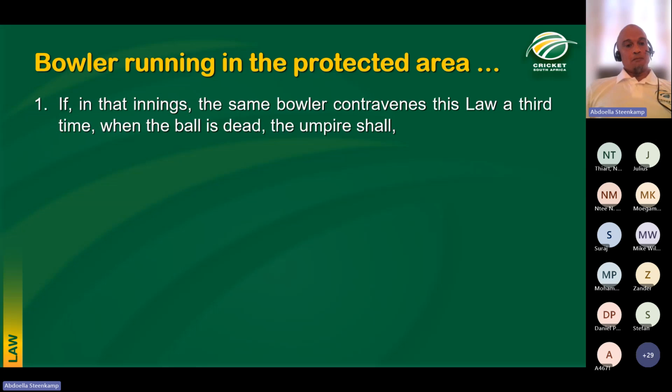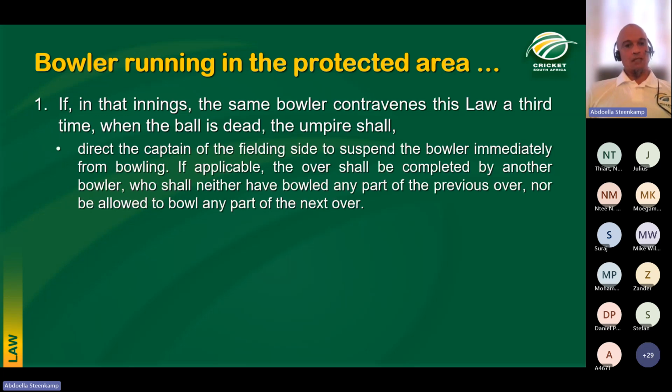So now further on, again in the same innings, and let's say in the first innings of this particular Test match, this bowler again goes into the protected area without reasonable cause. What do you do now? Now the law tells us you need to call the fielding captain over and tell the fielding captain to please suspend the bowler immediately from bowling.